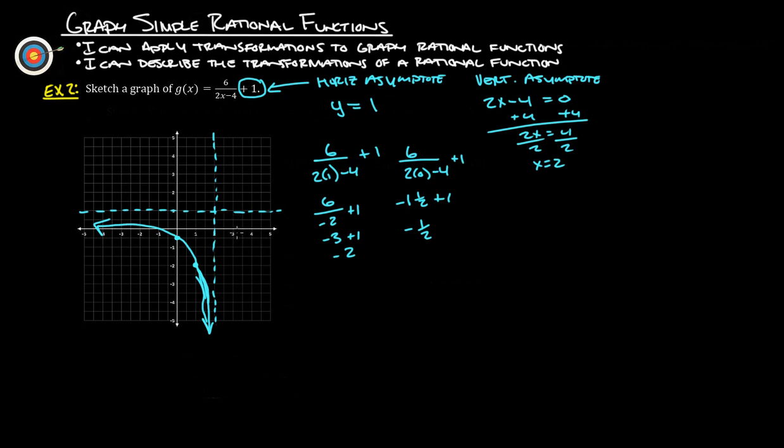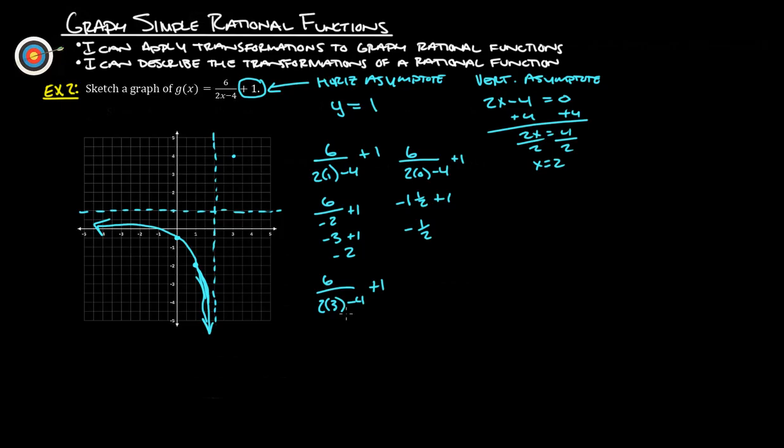So if we plug in 3, this one is 1 off from this line here. We went down 1, 2, 3. If we plug in 3 from this line, we should be going up 1, 2, 3 right here. Let's double check it to see that it works. So 6 over 2 times 3 minus 4, plus 1.